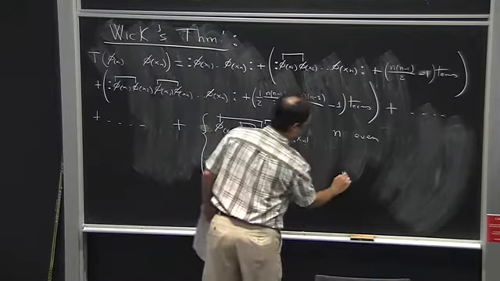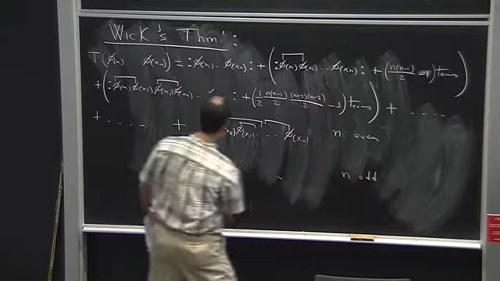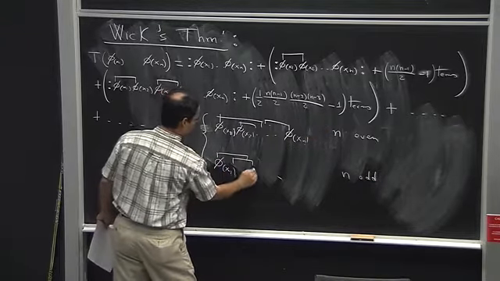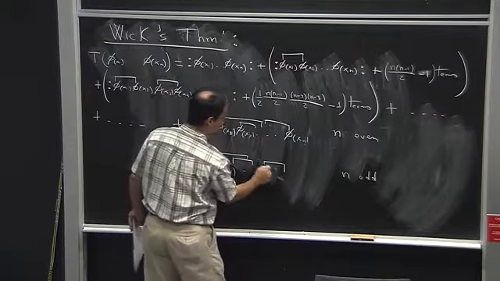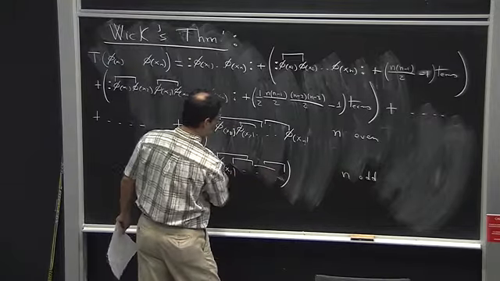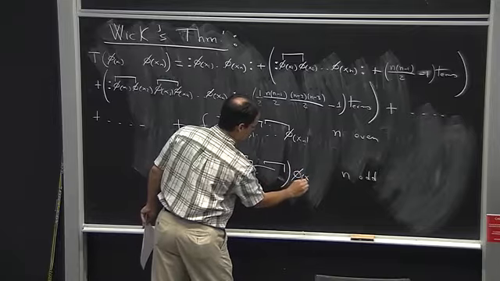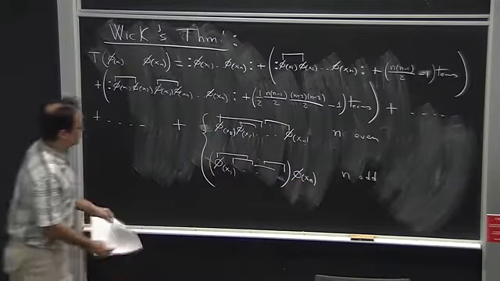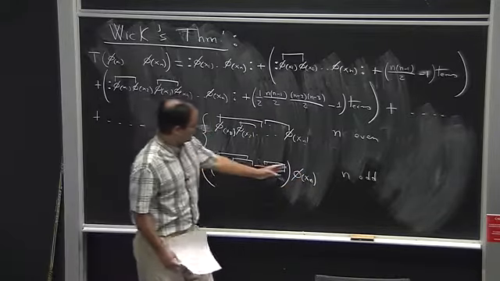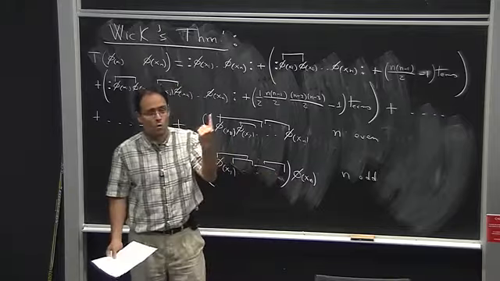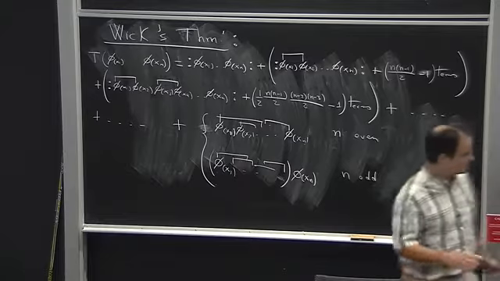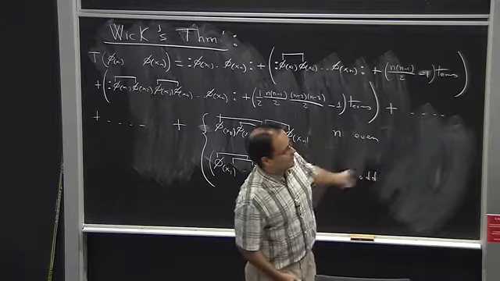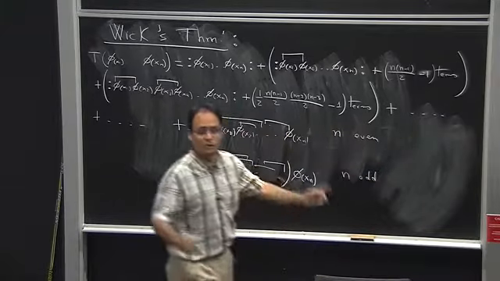And if n is odd, the last step would be objects where you contract everybody in pairs except for one, because it's odd, so there will be one that cannot be contracted.